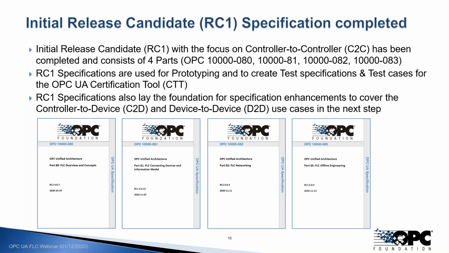So this is all done in parallel. And finally, all the concepts that are part of these initial specifications are also the foundation for enhancing the concepts to cover, as I said, C2D and D2D in the next step.